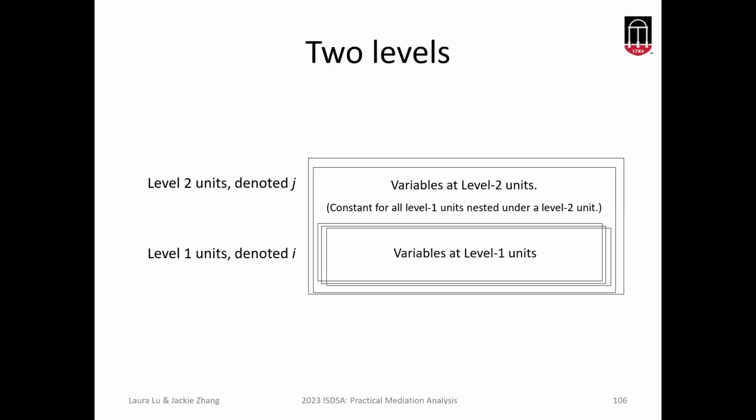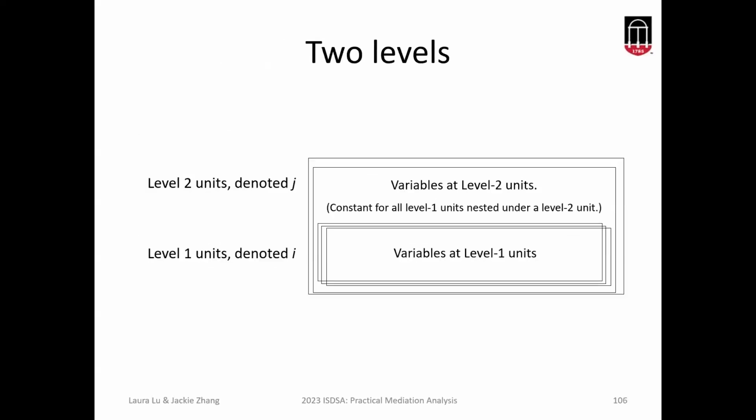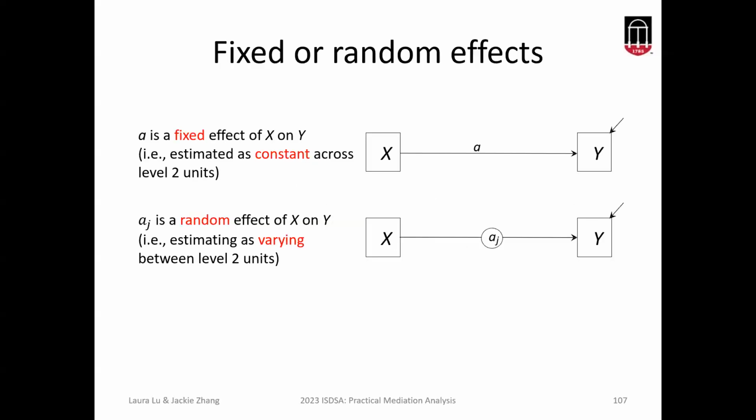For each classroom, we have their own coefficient. For example, here we have A1 for classroom 1, A2 for classroom 2, A3 for classroom 3, A4 for classroom 4. So we have many A's. That A can be treated as a random effect, a random variable, instead of a constant.